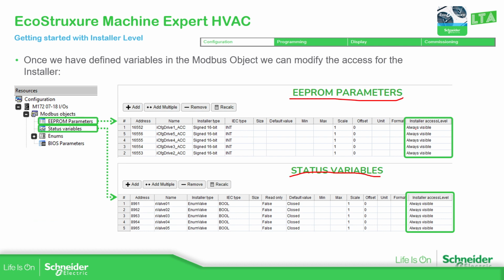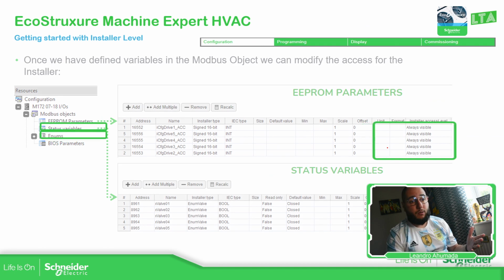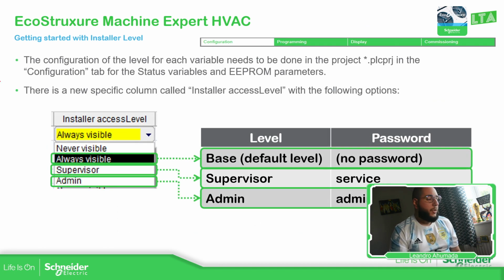Here we can select whether it's visible or not, depending on each level that we have now. If we select this arrow, we can see "never visible". So even if you have any level, you are not able to make any change from the installer.